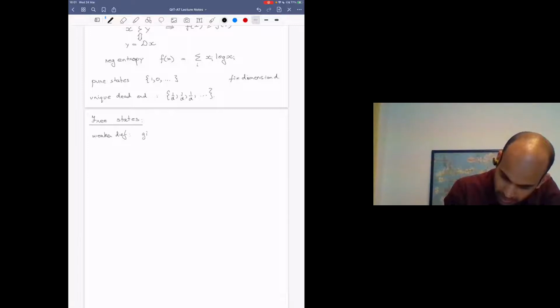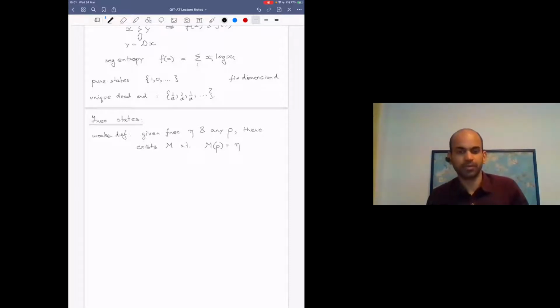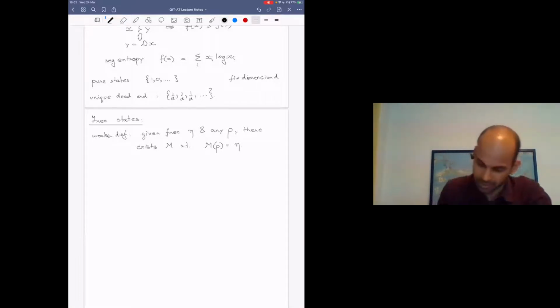Given a free state, let's call this eta, and any other state rho, there exists M such that M of rho is equal to eta. So given any state and a free state, you're always guaranteed that you can go from that state to the free state. So the free states are defined as those that you can always get to no matter what your starting point in the resource theory was.